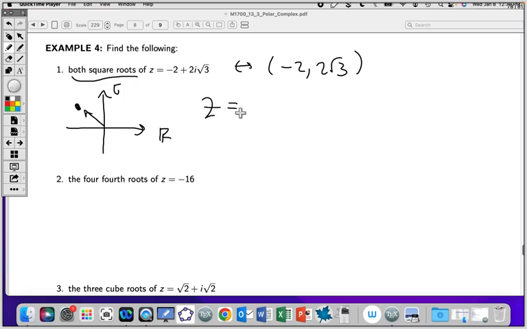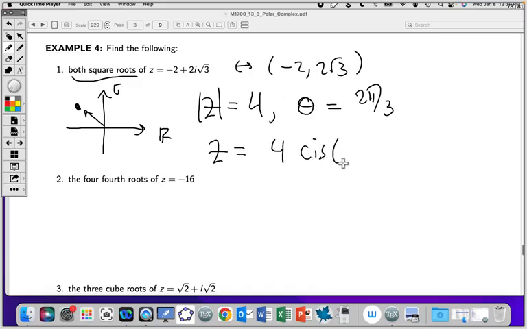In polar form, the modulus is 4, and I can take theta to be 2 pi over 3. So the polar form here is 4 cis 2 pi over 3.